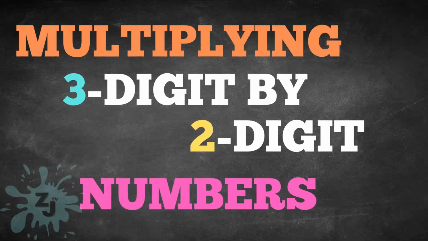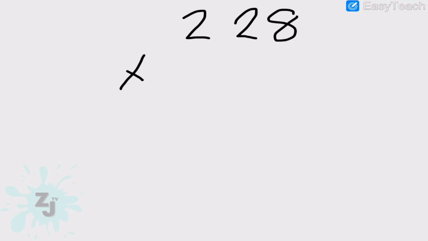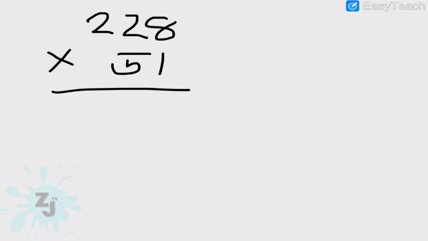Next, this would be 228 multiplied by 51. So we will just do what we did on the previous examples.